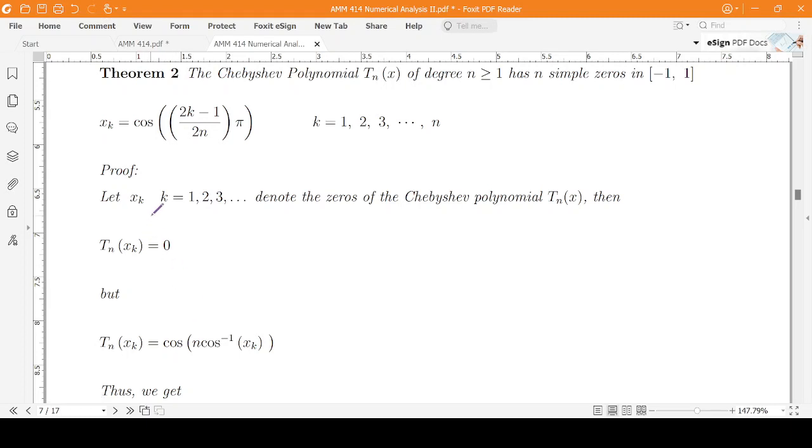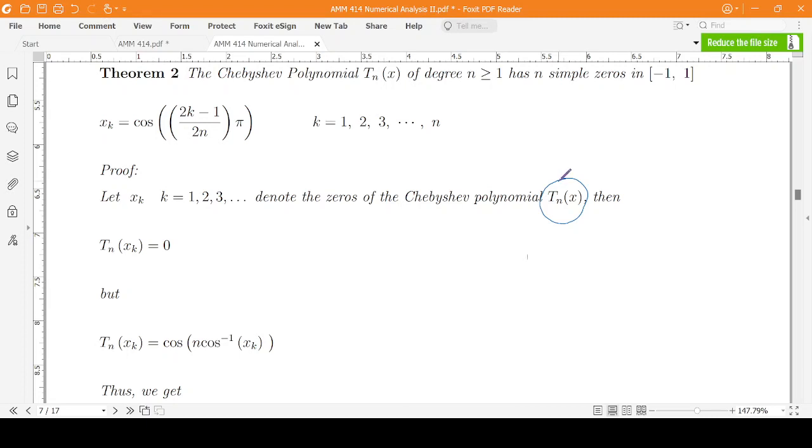We can do a proof of this, and we want to let xk, for k equals 1, 2, 3, all the way up to n, denote the zeros of the Chebyshev polynomial. The zeros are the values of x that will make this quantity 0.